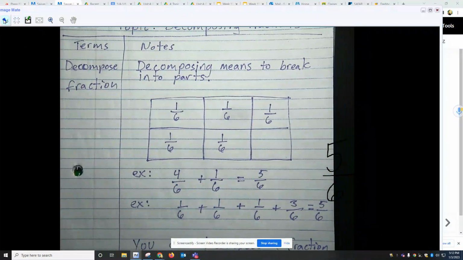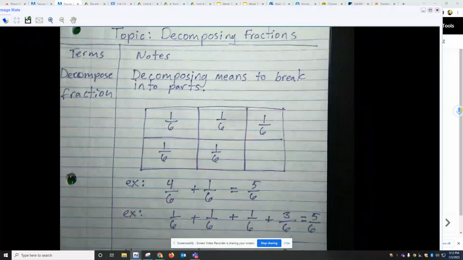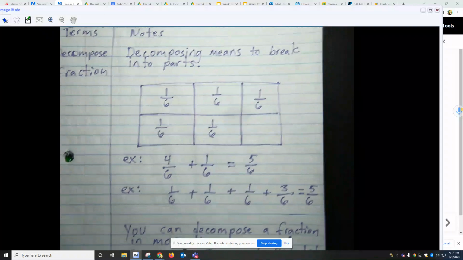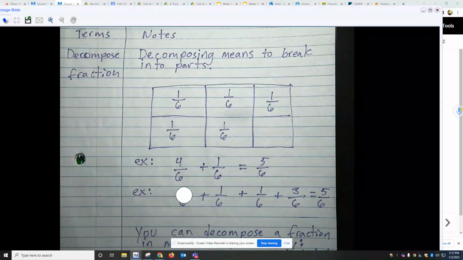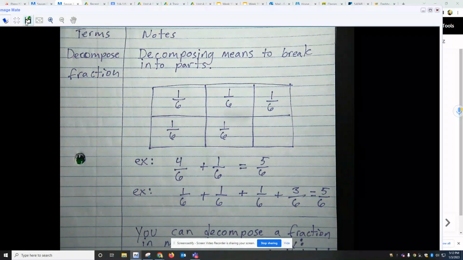I'll go ahead and erase this right here. And you'll notice that I wrote down 1/6 plus 1/6 plus 1/6 plus 3/6. Oh, wait a minute. I actually made a mistake.